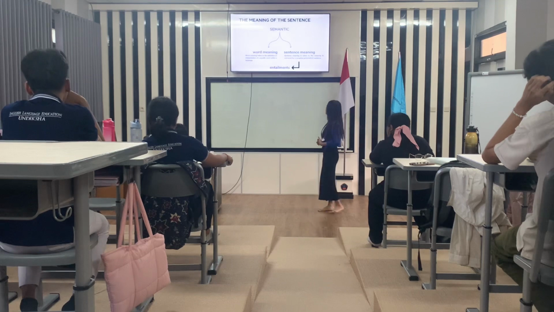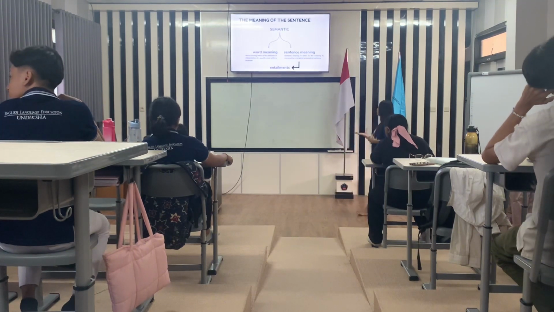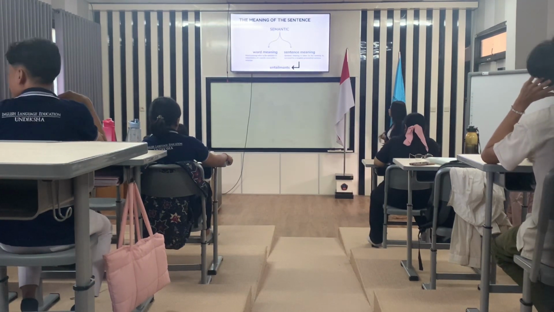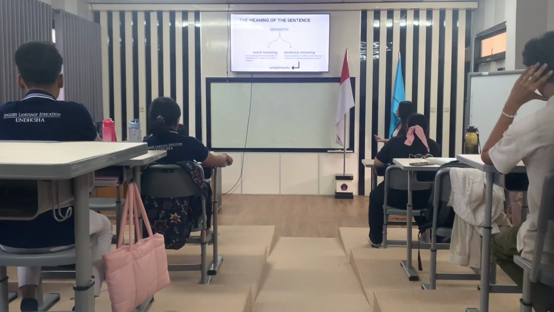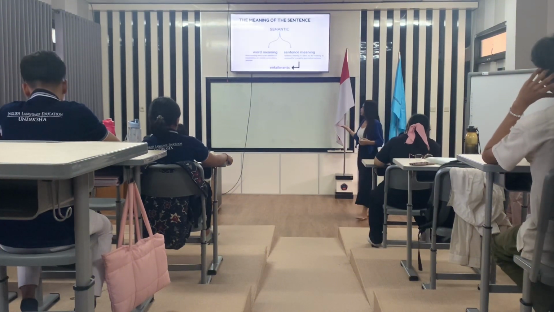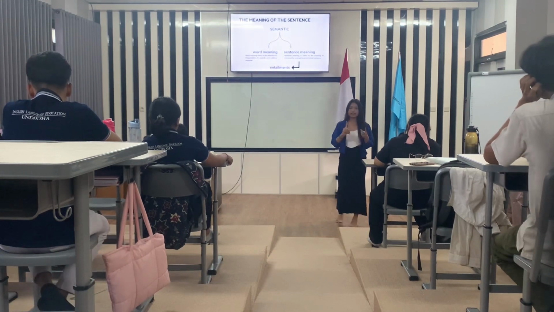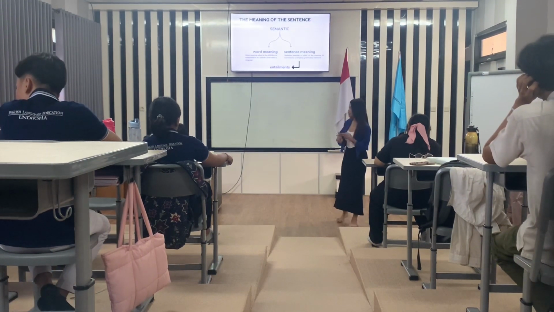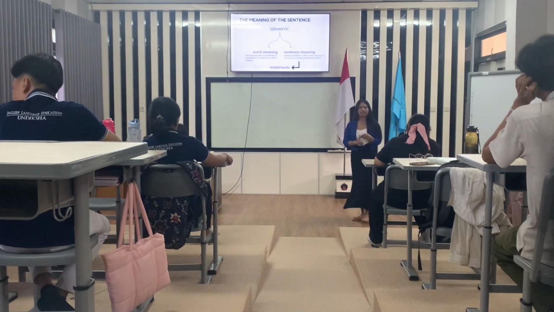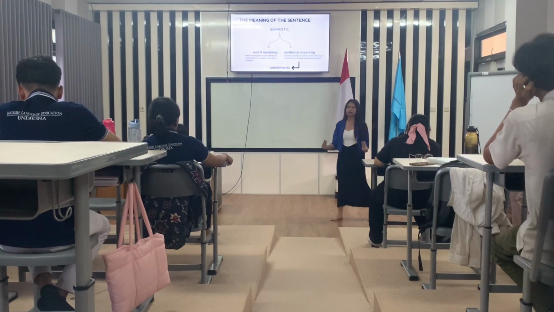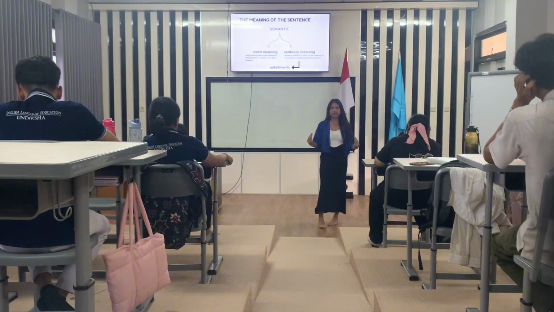And sentence meaning refers to the meaning conveyed by a complete grammatical sentence. Sentence meaning is divided into three: the first is presuppositions, the second is propositions, and the last one is entailments. But here I'd like to focus on explaining entailments.